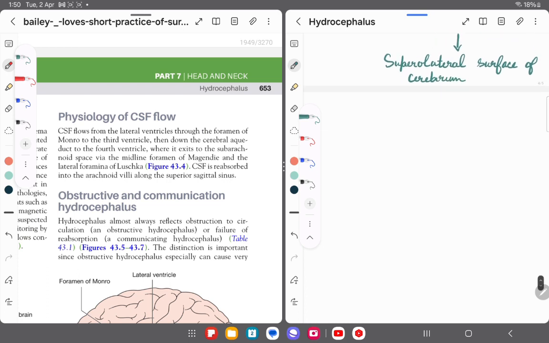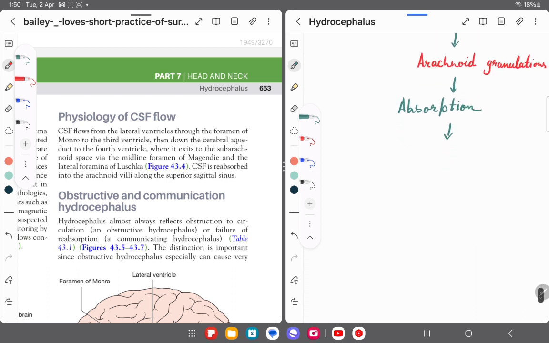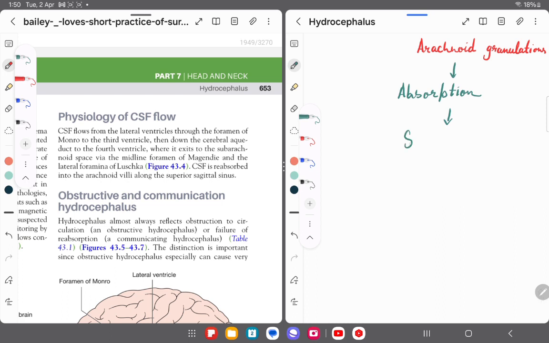From there it passes to the arachnoid granulations, from where it is absorbed into the superior sagittal sinus.